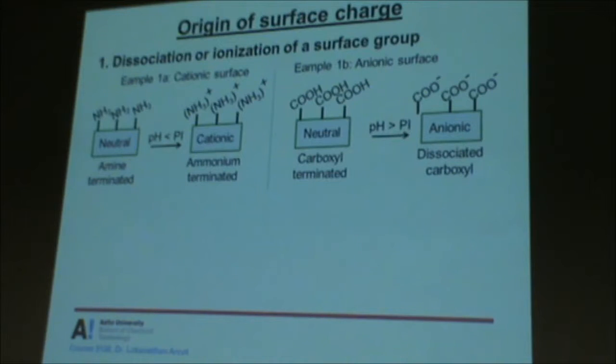This dissociation happens only above a certain pH, and that's isoelectric pH. The pH above which the dissociation happens, that's isoelectric pH.